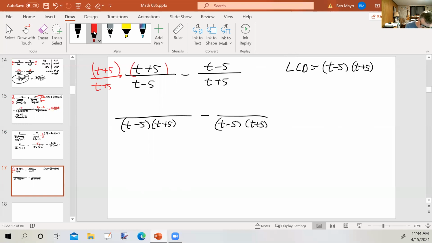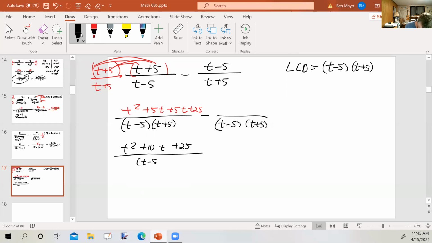And then multiplying that together, I'm going to get t squared plus 5t plus 5t plus 25, which is going to give me t squared plus 10t plus 25 over t minus 5 times t plus 5. Okay. Second fraction, I'm going to have to multiply by t minus 5 over t minus 5.